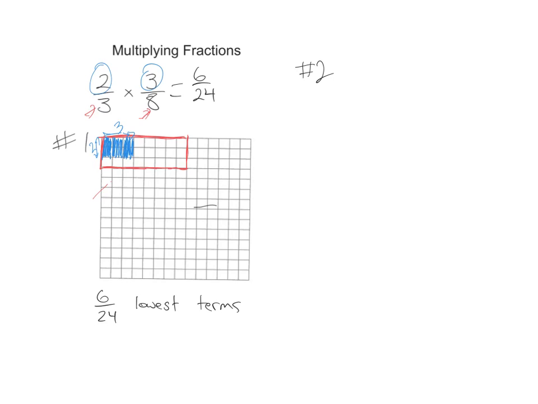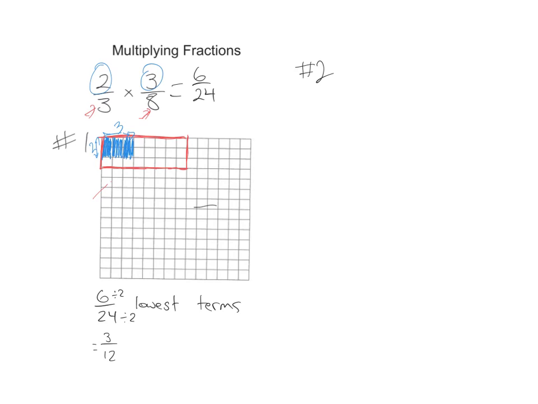So a lot of people would say, oh yeah, you can divide 6 by 2 and 24 by 2 because they're both even. So I look at this and I say 6 divided by 2 is 3. 24 divided by 2 is 12.